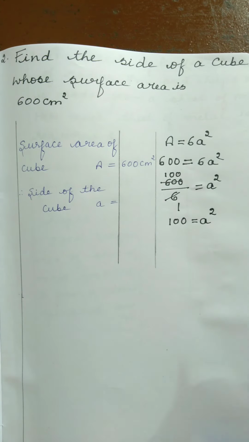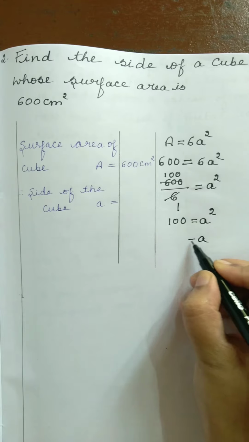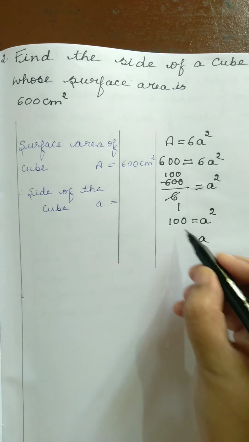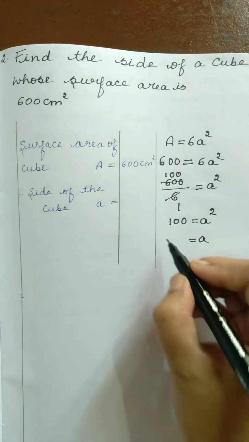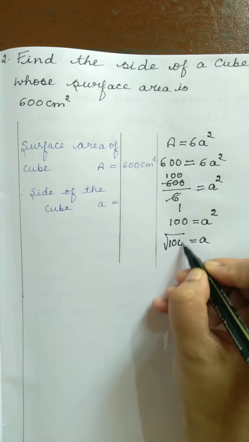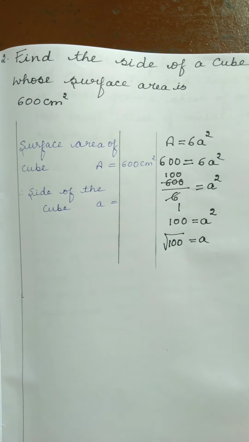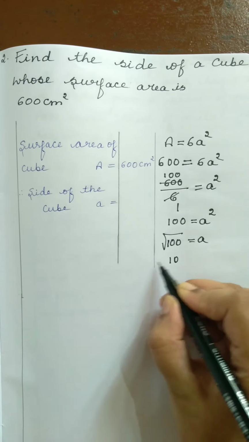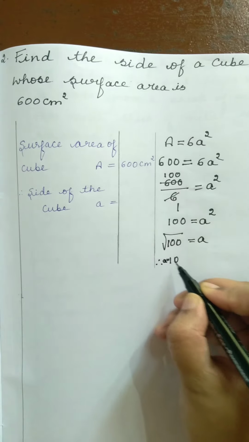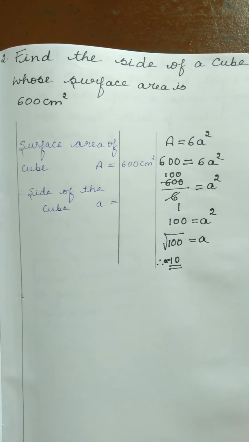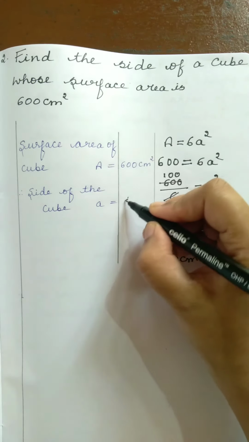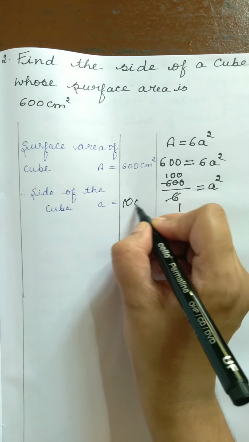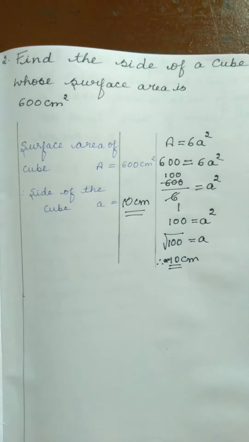What do we need? We need to find out the value of a. 100 equal to a square. Then a is equal to root of 100. We know that the square root of 100 is equal to 10. Therefore, a, that is the side of the cube, is equal to 10 centimeter.